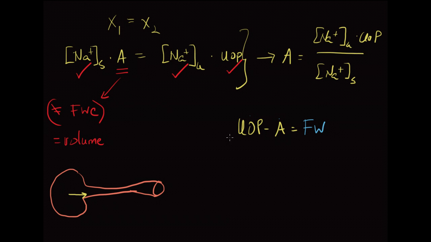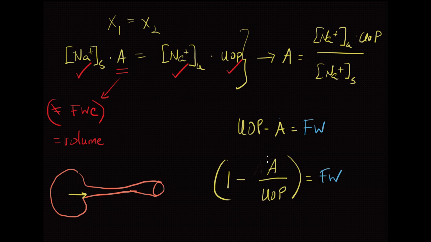So, you can do a simple proportion and say the following, that whatever you get for A divided by the urine output, and that quantity is going to be deducted by 1, that's going to equal your free water.